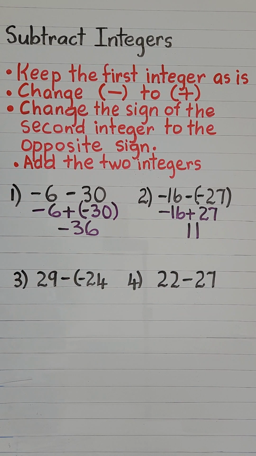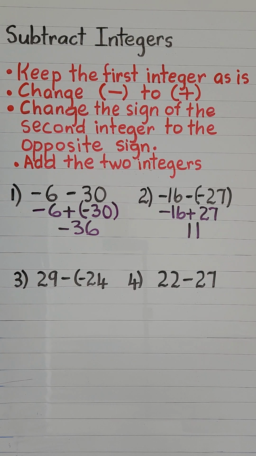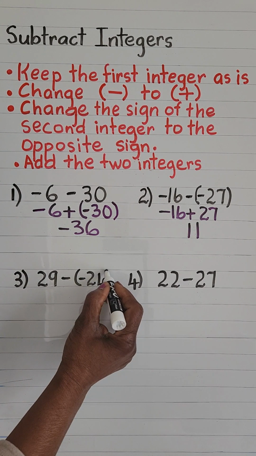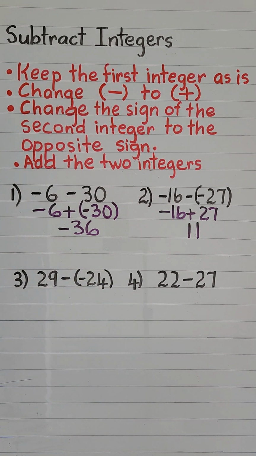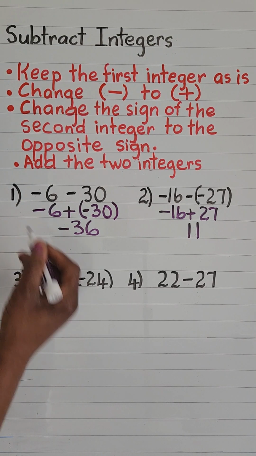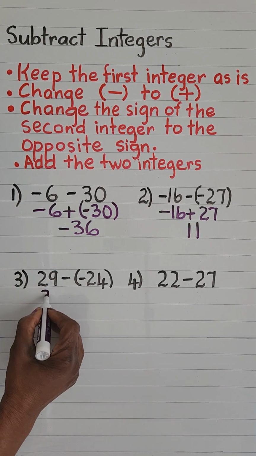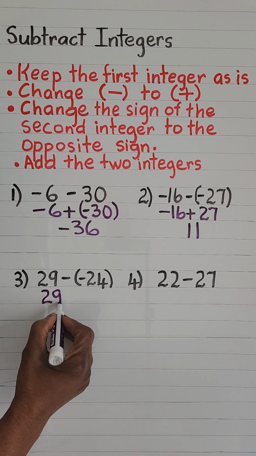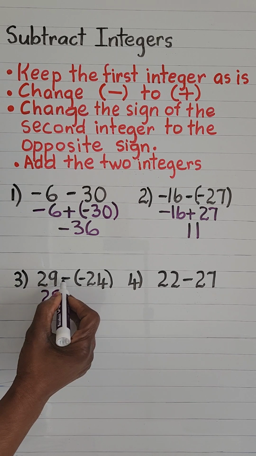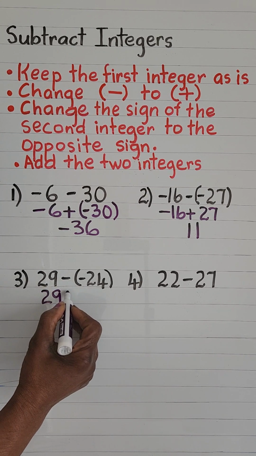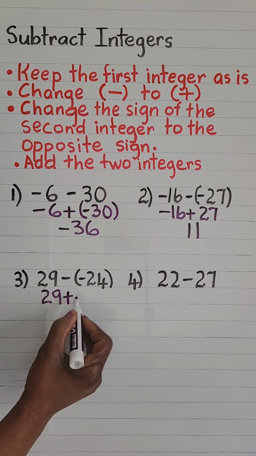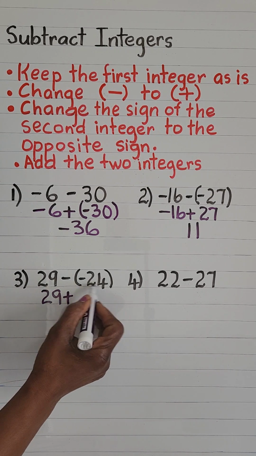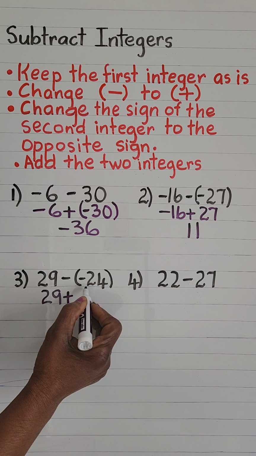Next, 29 minus -24. So we are keeping this 29, +29, we're keeping that. Next step, change the subtraction to addition. Next, we change the second integer to the opposite sign.